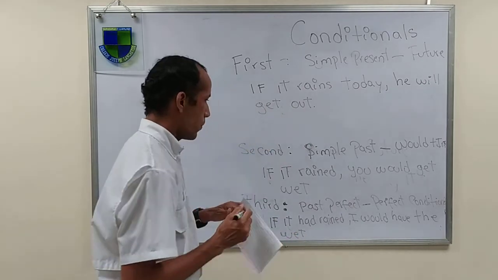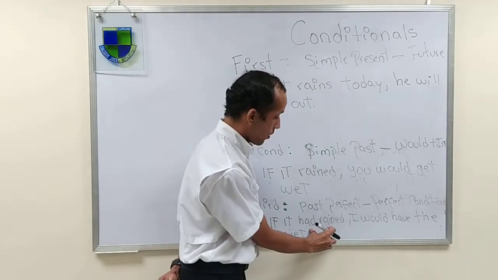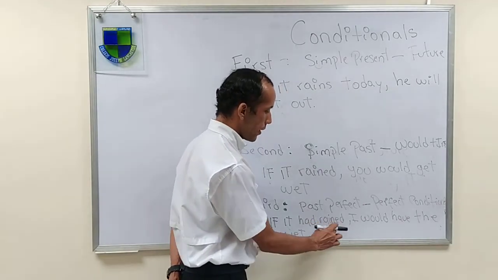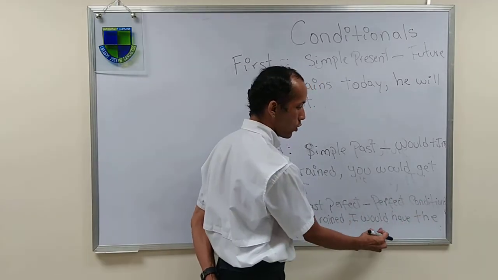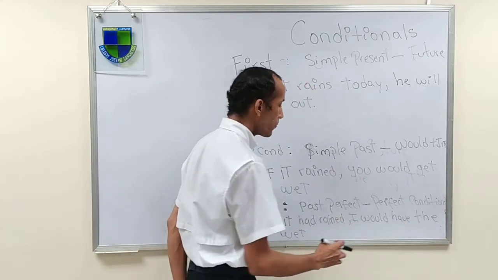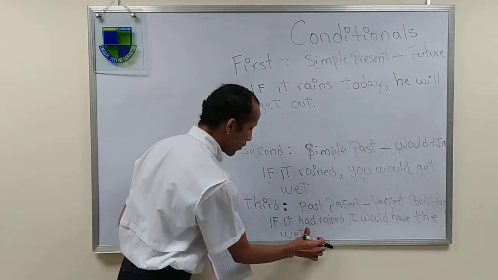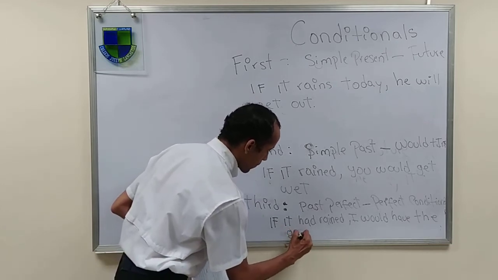Past perfect, pasado perfecto in Spanish, we have it here, and perfect conditional: the modal would plus the verb have. Sorry, I forgot a verb here.